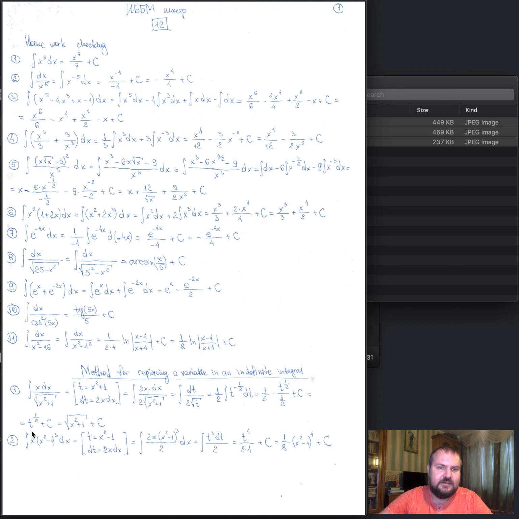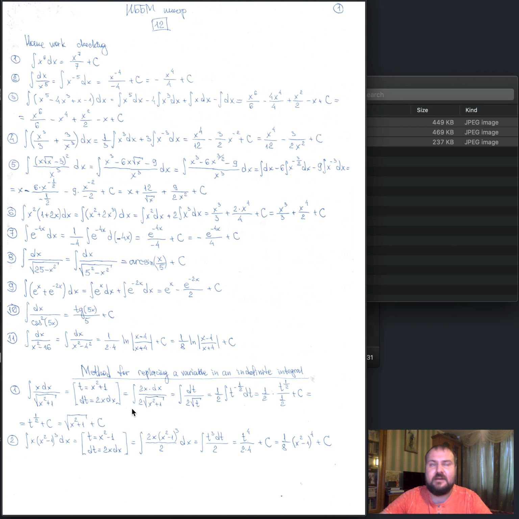We get t to the power 1 half, or in other words the square root of t. And we remember that t is x squared plus 1. And so we write the final answer.